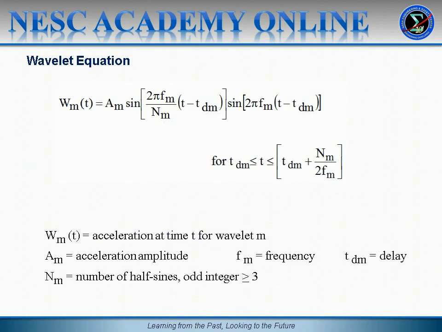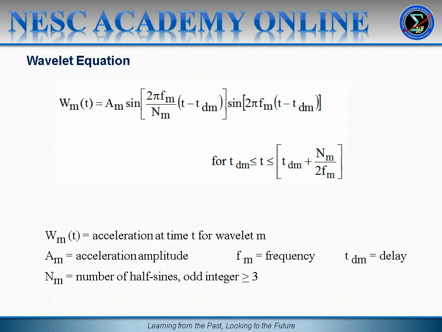Here's the equation for an individual wavelet. The acceleration amplitude is represented by W sub m, and that's equal to A sub m, where A is the acceleration for wavelet m, and then we have two sinusoidal functions. The argument of the first sinusoidal function is 2 pi f sub m over n sub m. Now f sub m is the frequency of the wavelet, n sub m is the number of half sines, and this must be an odd integer greater than or equal to 3.